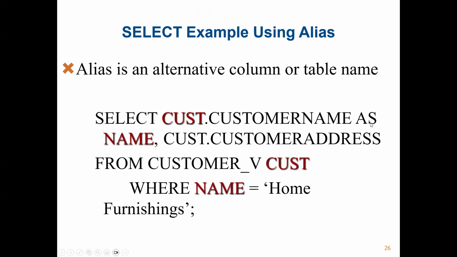The same concept here. So cust.customer name, we are going to give it a name as name 1. Select cust.customer name as name 1, then cust.customer address from customer as cust where the name is home furnishing. It's the same thing, select from where. Here we can see how they use the as command to create a new name or alias.